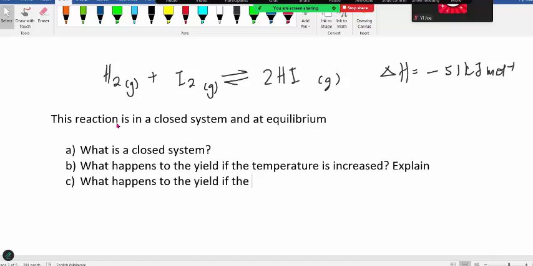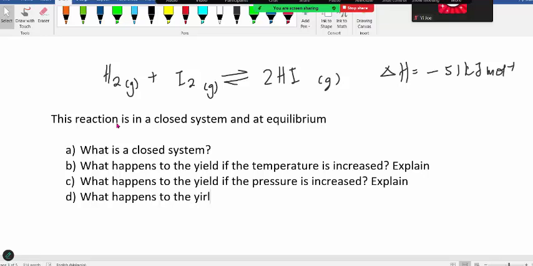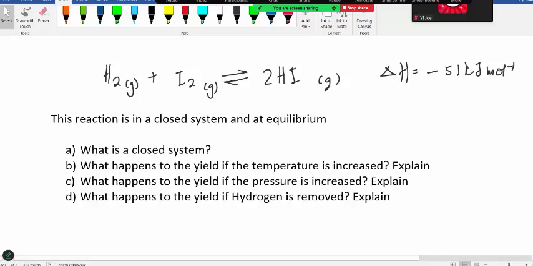Do the rest. So what is a closed system?